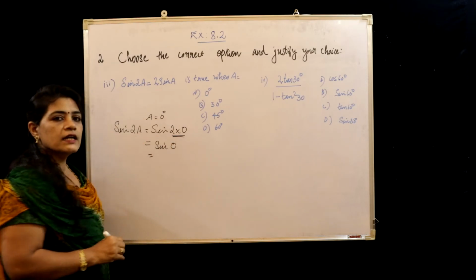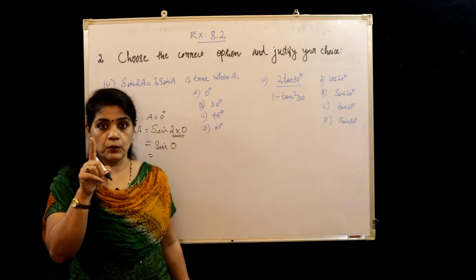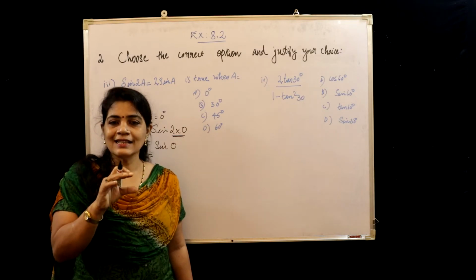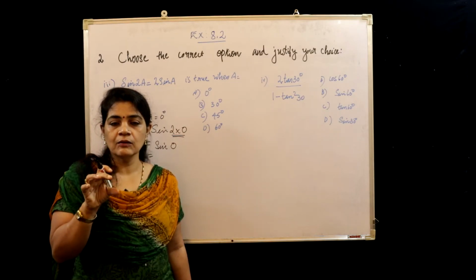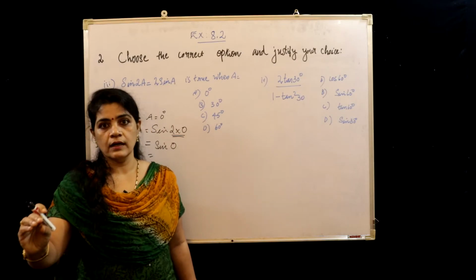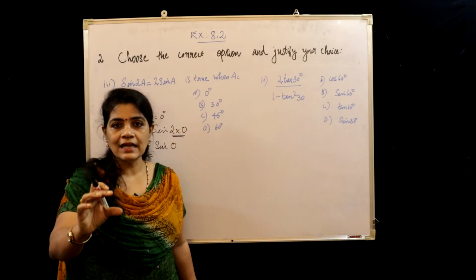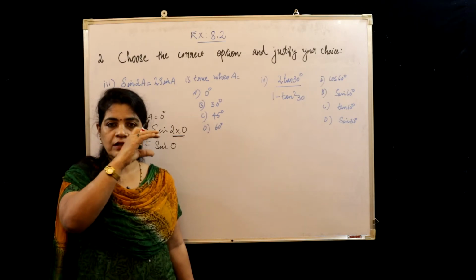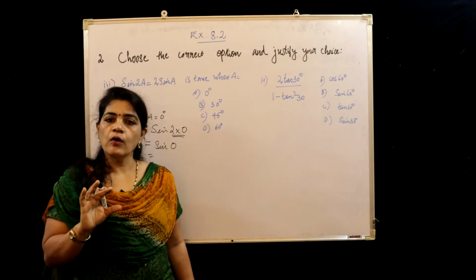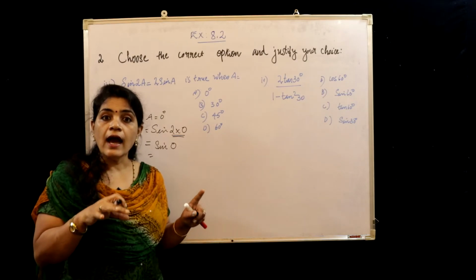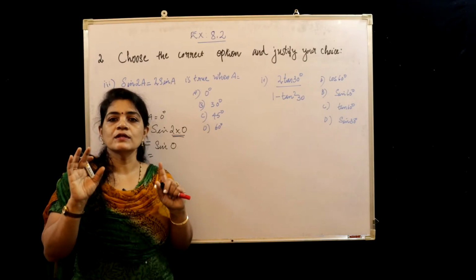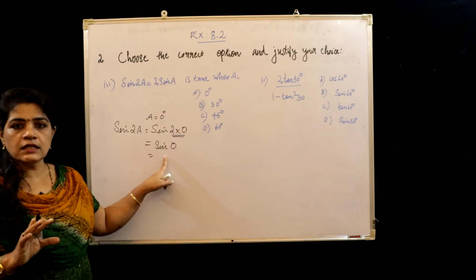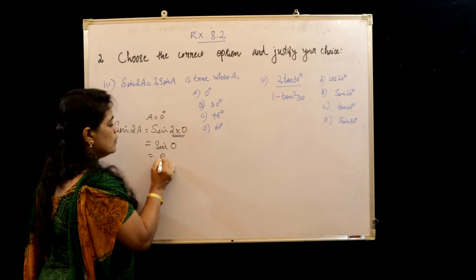What is the value of sine 0? In the first row of the trigonometric ratio table, we start from 0 and end at 1. Sorry, for cot 90 it is 0. So starting with 0, ending with 0. So sine 0 is 0 and cot 90 is also 0. So sine 0, its value is 0.